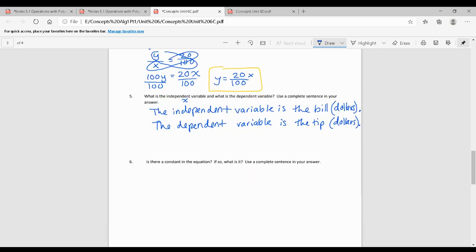What is the constant? Is there one? What did we use the whole time in this problem? 20%. Exactly, the 20% or the 20 over 100. So the constant, and you could have given me 2 answers, is the ratio of 20 over 100, which represents the percent.